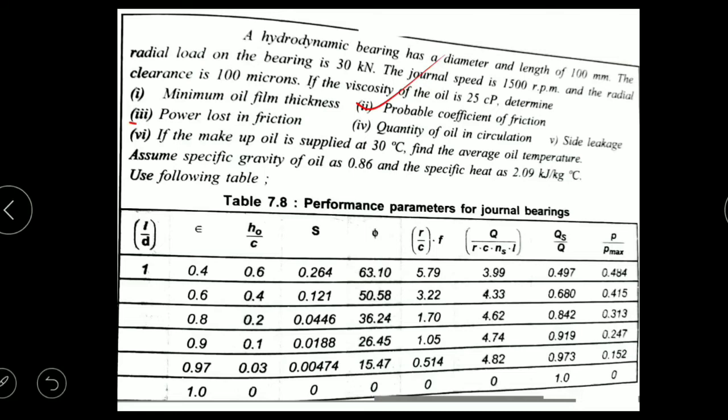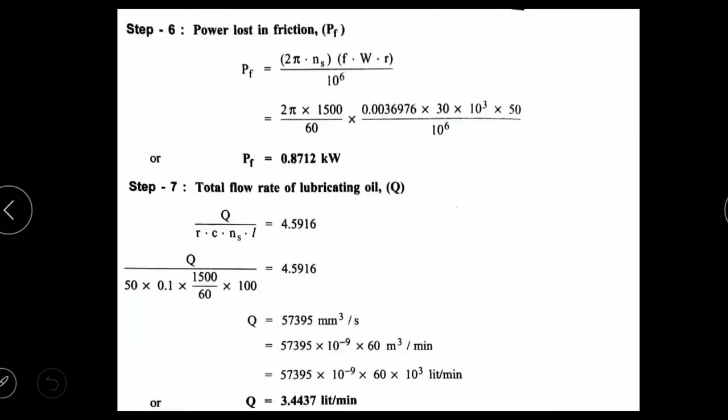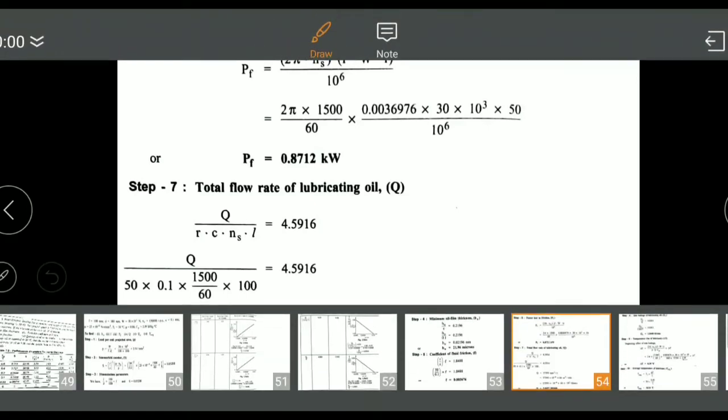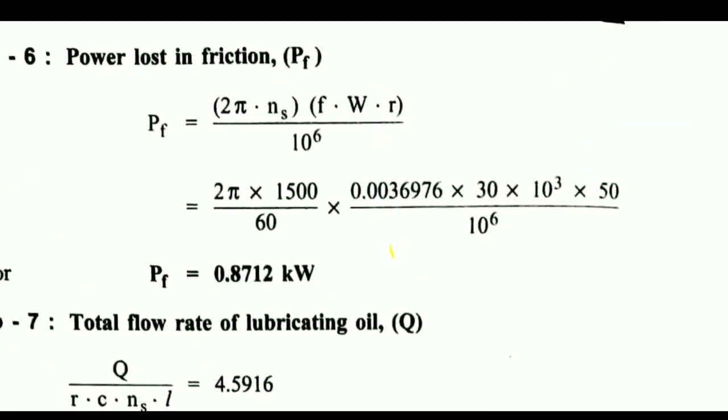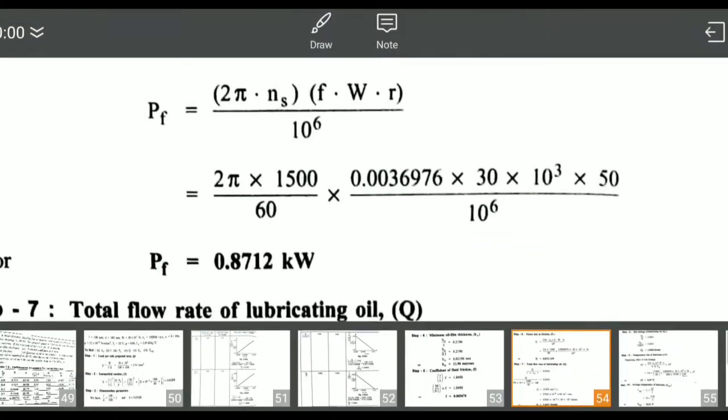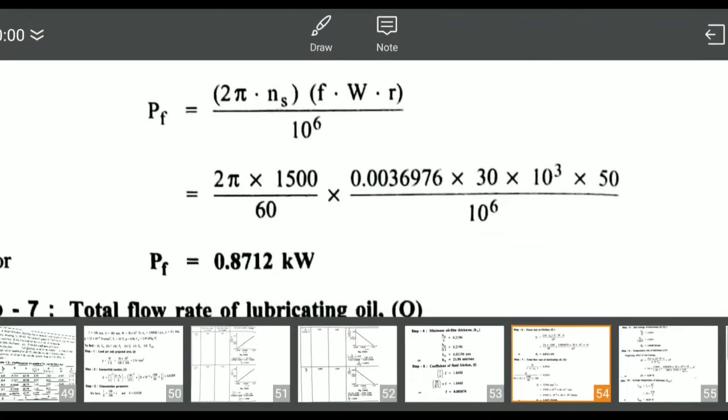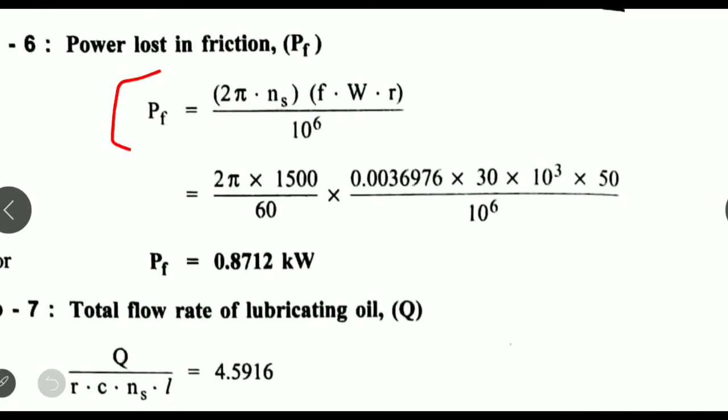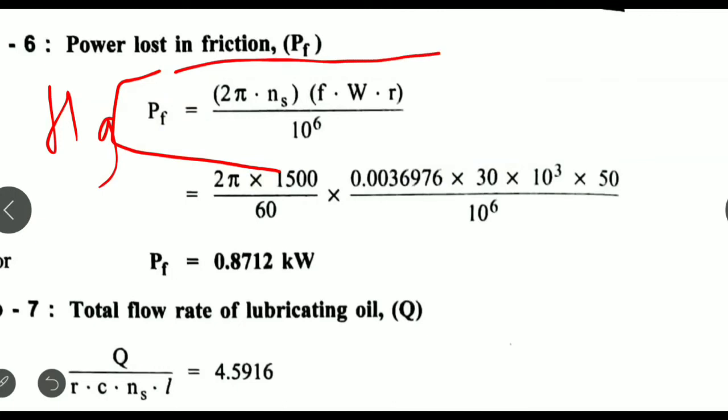Third, they have asked for power lost. As I told you, power lost is nothing but heat generation, so I can use the direct equation for heat generation. This will be the equation. Third step. Go step by step as per their requirement. So PF is equal to, we know, power lost, which is also called heat generation in the bearing, 2 pi Ns into F W R divided by 10 raised to 6. 2 pi Ns is known, N we'll have to take in RPS, into F, friction we have calculated in the previous step.